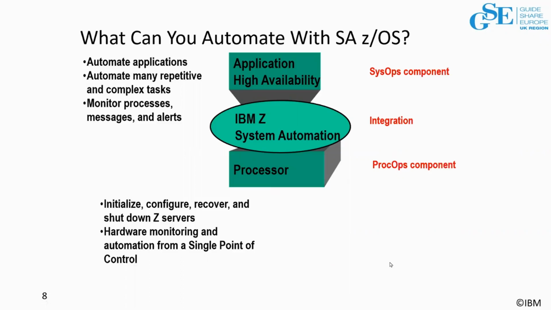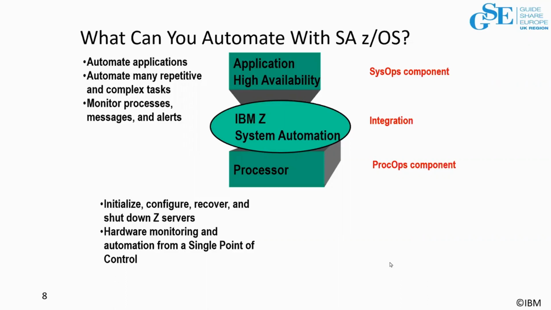Now, there are two core components of system automation. The thing that handles application and high availability, called system operations, or for short SysOps. And the thing that talks to the Z hardware, the processor, called processor operations. And again, that's normally shortened to ProcOps. And then system automation integrates both of those things into a single whole.